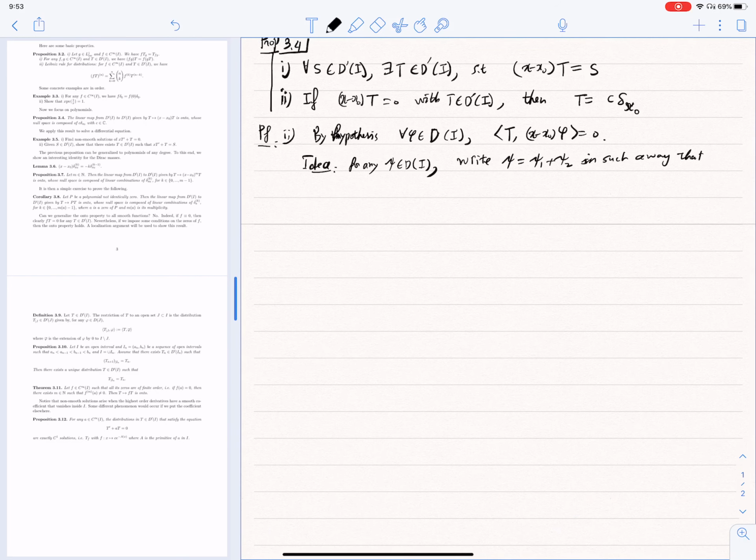Like that psi 1 can be written as this, (x minus x naught) times phi, for some test function. On the other hand, we'd like to have T psi 2 equal to what? Equal to phi of x naught times c, right? Why do we want these two properties?